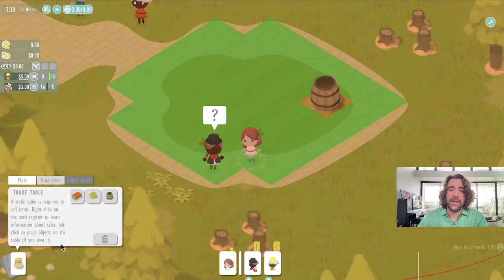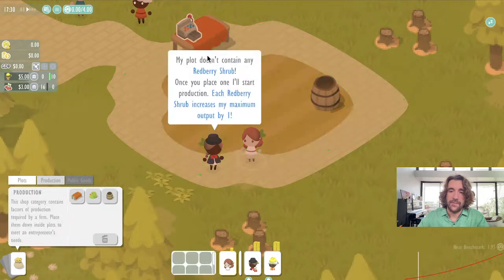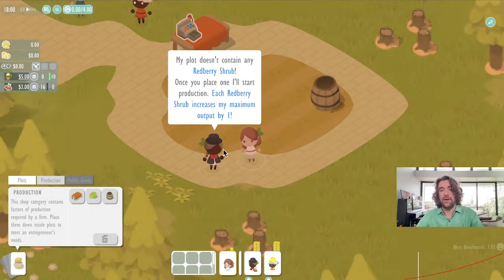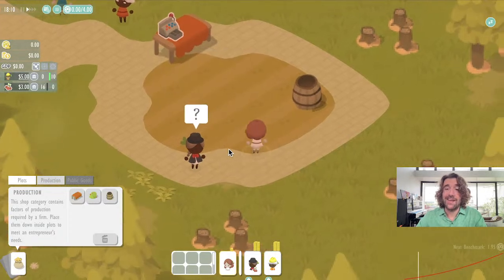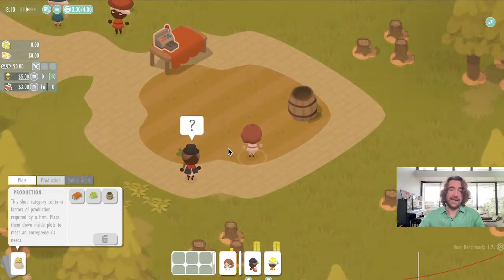Now, before I put down these elements, let me put down this one here at the entrance of my location. Now the entrepreneur is saying, this is all good, I need red berry shrubs. Once you place one, I'll start production. Each red berry shrub increases my maximum output by 1. Actually, every single red berry shrub is increasing your production by exactly 1 unit.